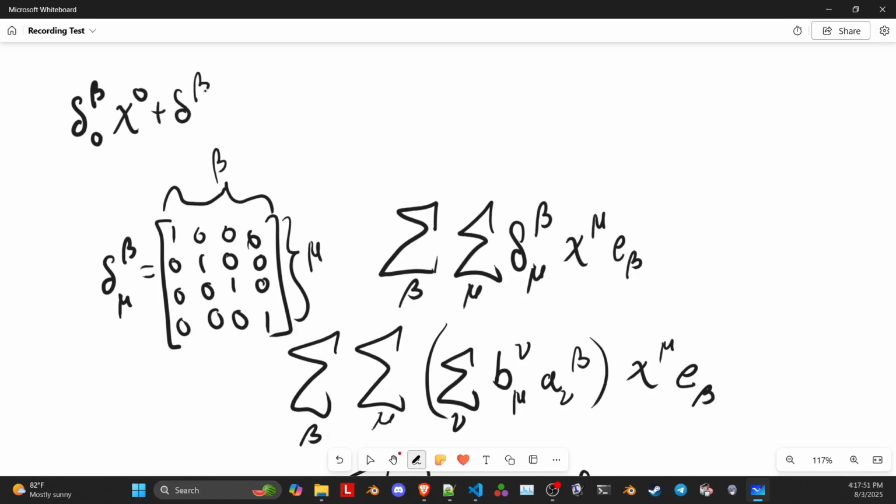Delta 0 beta, no, that's not right either. Delta 1 beta x1, delta 2 beta x2. And you can maybe see the pattern. For some value of beta, so if beta is 0, the only delta component that is not 0 is the one that matches the component mu.